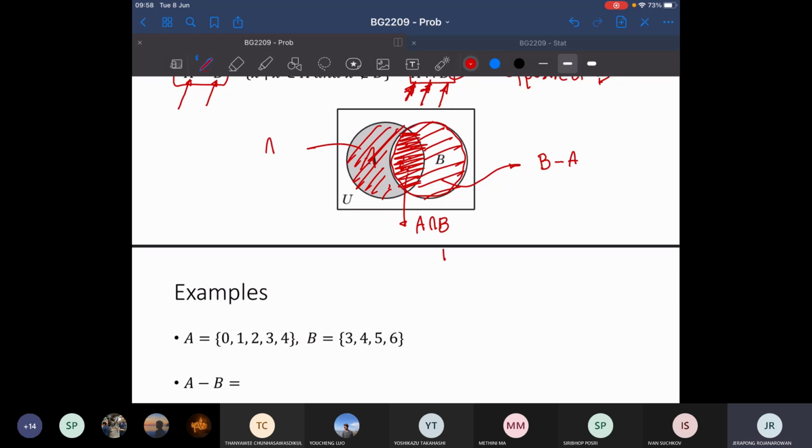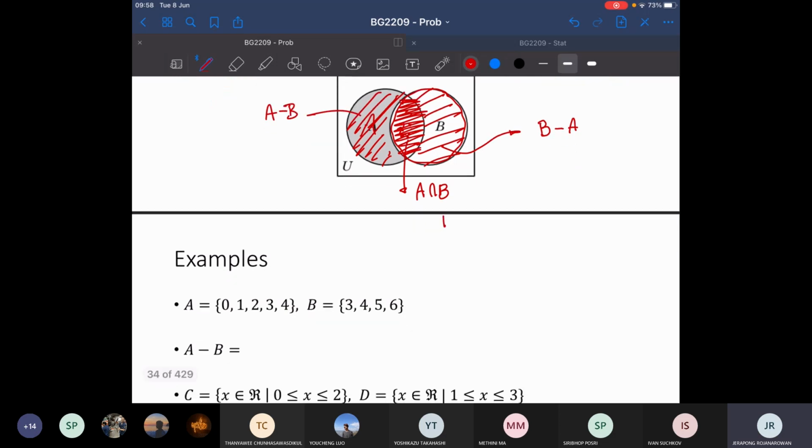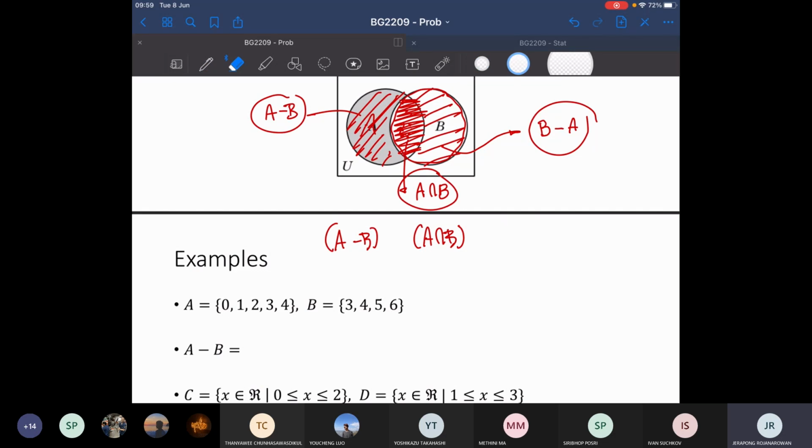This part is A minus B, and as you can see, if I combine them, A minus B... A union B, oh sorry, not A union B, A intersect B. A intersect B, right, this part, and this part B minus A. As you can see, if I combine them, what's going to be the result? It's going to be everything here.